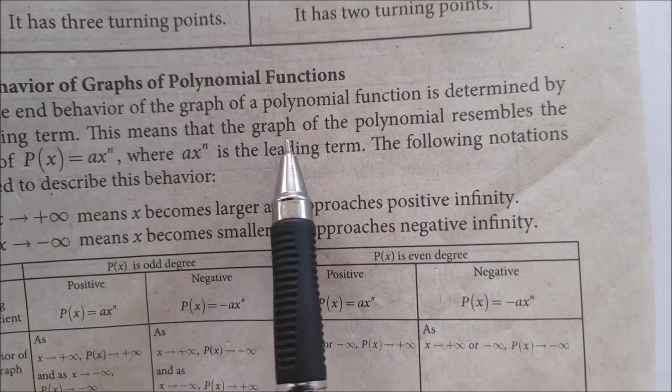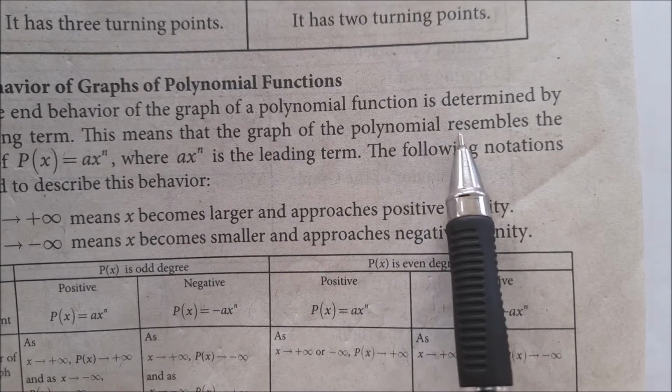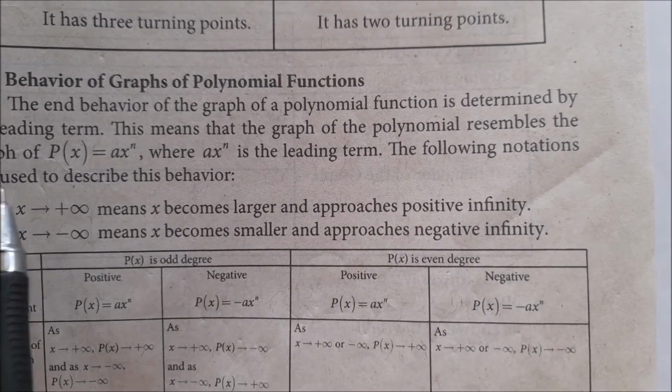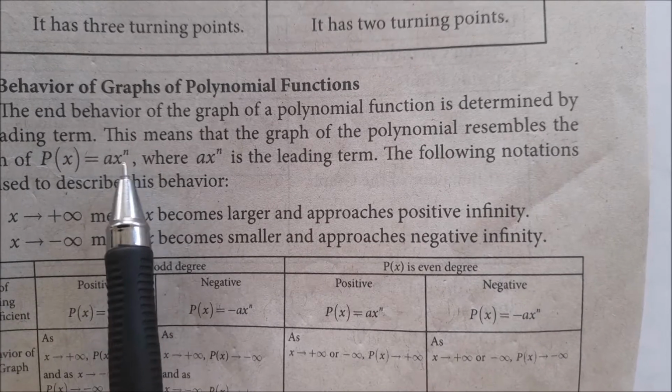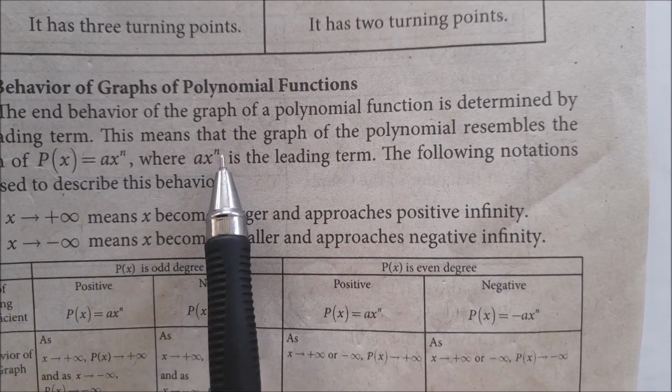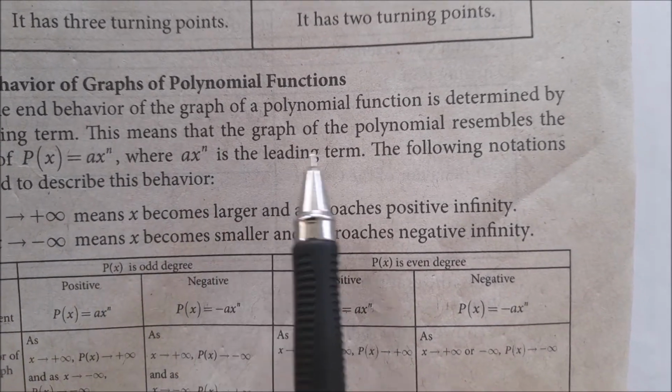This means that the graph of the polynomial resembles the graph of P of x equals ax raised to n, where ax raised to n is the leading term.